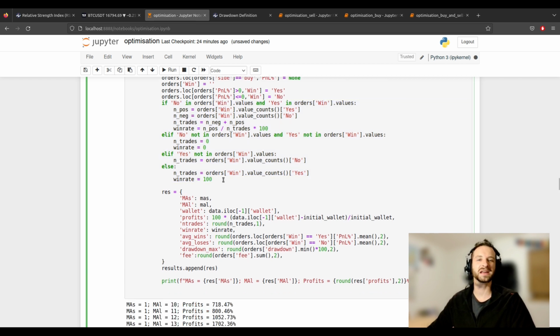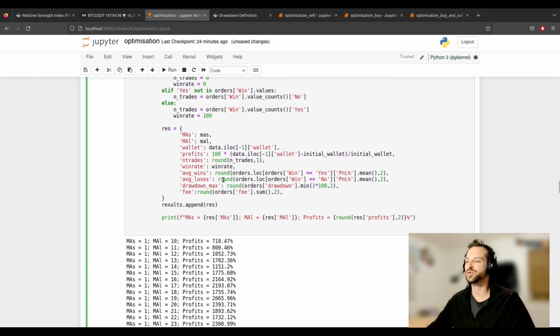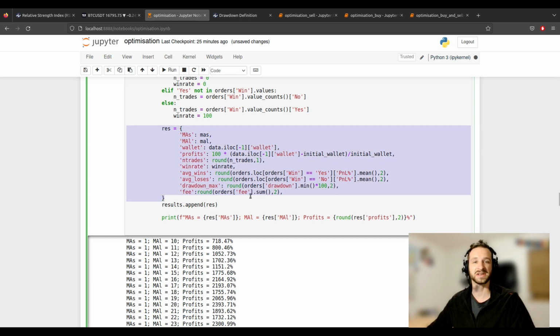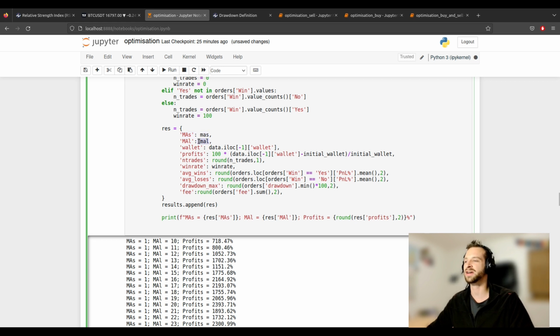Okay, all this being said, let's move on to discussing the important information that I store for each backtest, and this is this part here. Typically I'll want to track the given value of the short-term moving average and the long-term value as well. The first thing that I save is the value of the wallet at the end of the backtest.